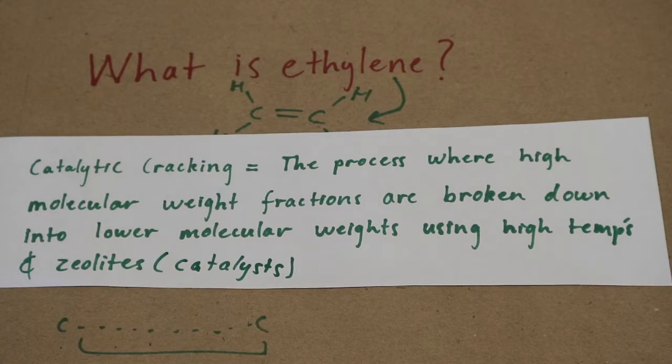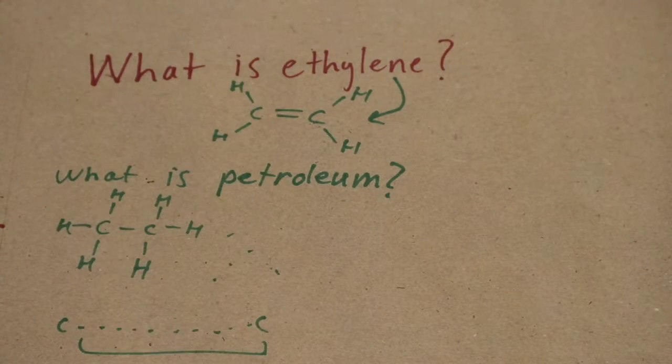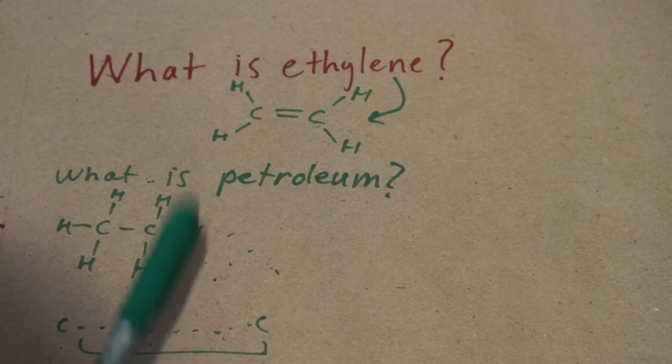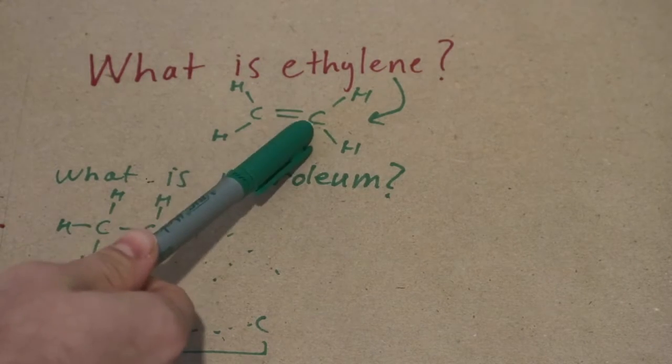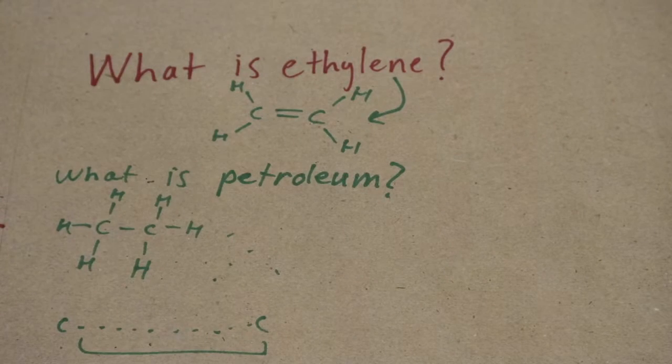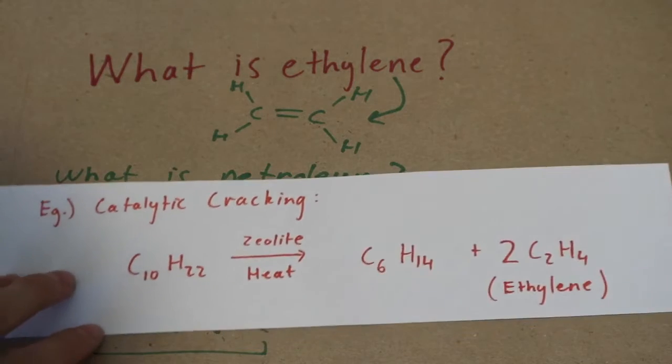So basically what we're going to do with catalytic cracking is raise this mixture of petroleum to very high temperatures, and that is going to break down our long chains into smaller chains. And we can do that eventually until we obtain our desired product, which is ethylene. So here is an example of catalytic cracking.